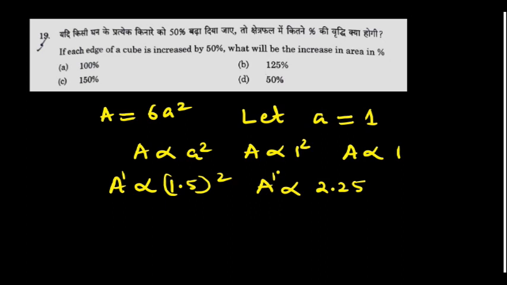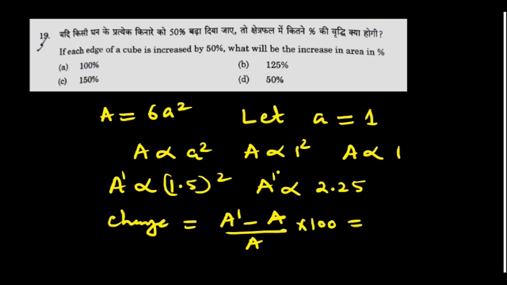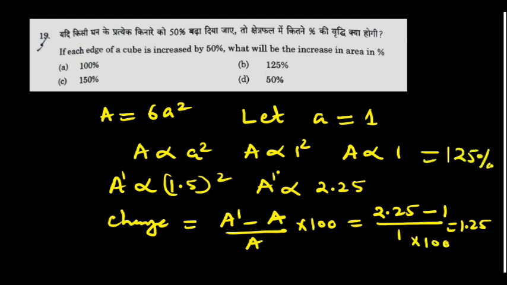Now how do you find the percentage of change? Change equal to the difference between these two values, that is A dash minus A upon the original value A, multiplied by 100. What is A dash? That is 2.25 minus 1. So we'll get 1.25 multiplied by 100 to convert into percentage. So the answer is 125%.